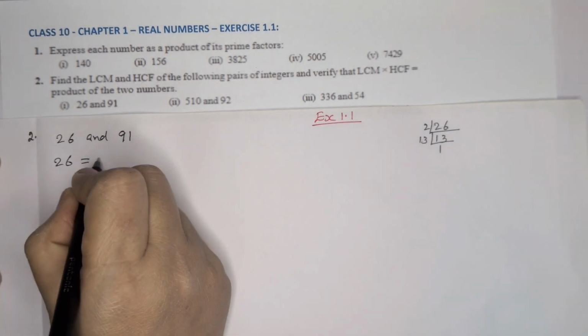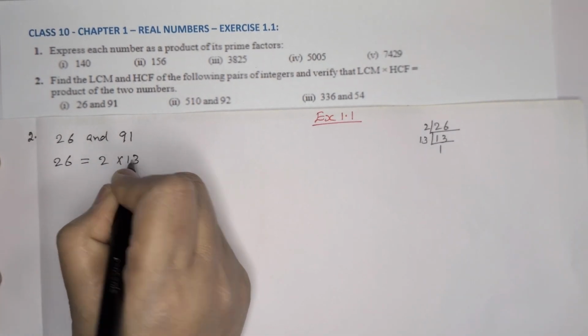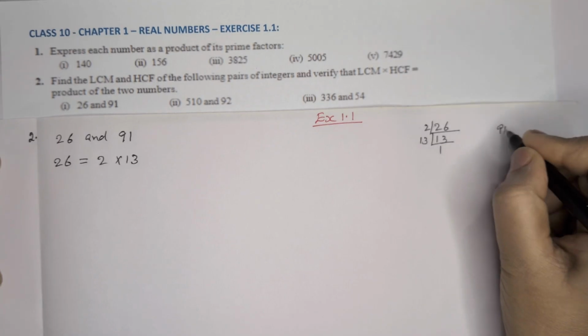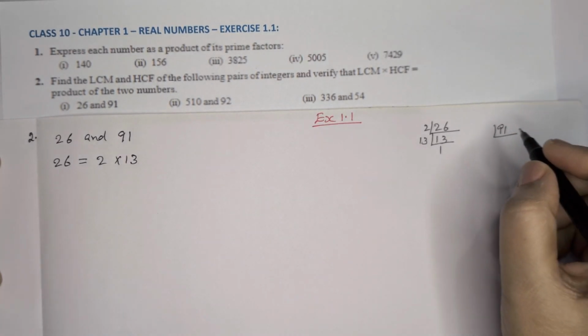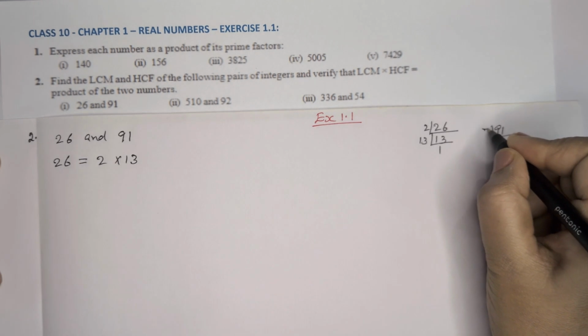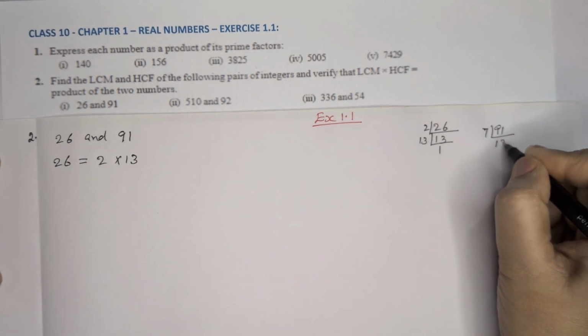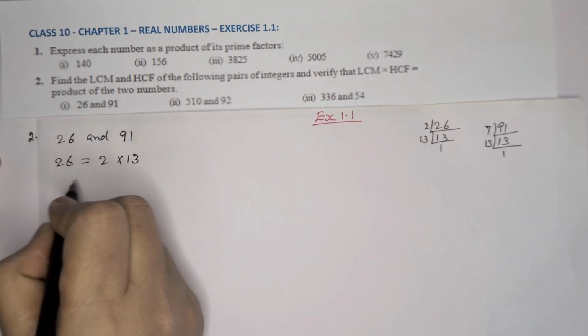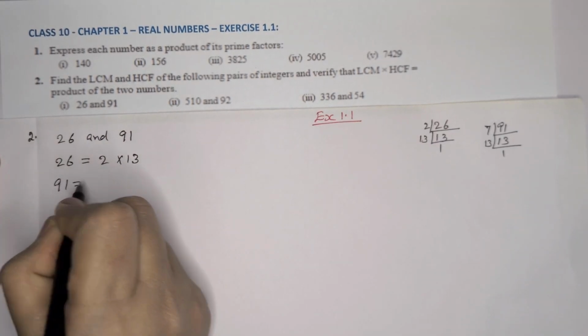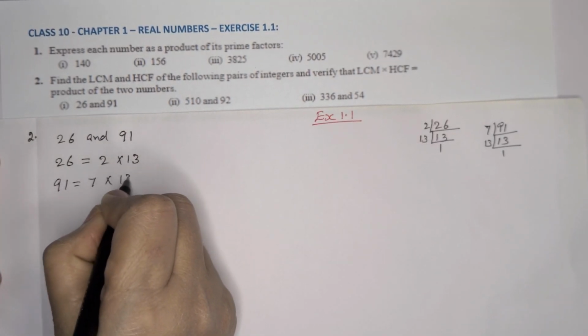So 2 into 13. Same way 91, we can write as 91 by 7 is 13. So 91 is equal to 7 into 13.